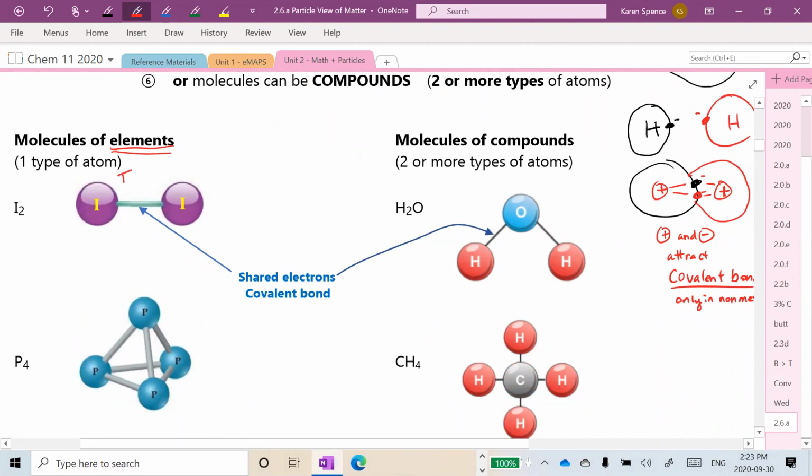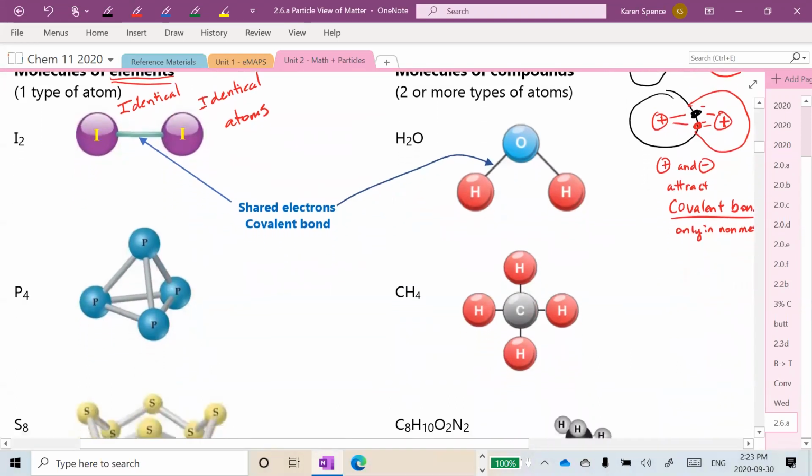I have an I and I have an I. These are identical. It was actually I for iodine, but I decided to make it I for identical. Identical atoms mean it is a molecule of an element. We have a single element.